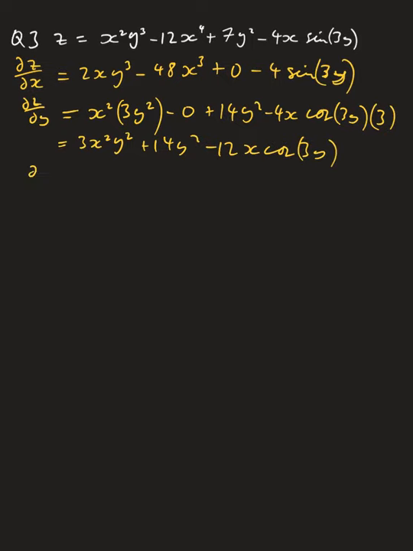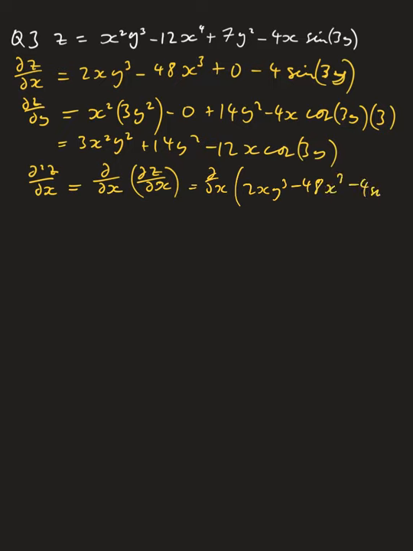The second derivative with respect to x, that's this thing, the derivative of z with respect to x and then again with respect to x, so that's equal to ∂/∂x of my ∂z/∂x above, which is 2xy cubed minus 48x cubed minus 4 times the sine of 3y.